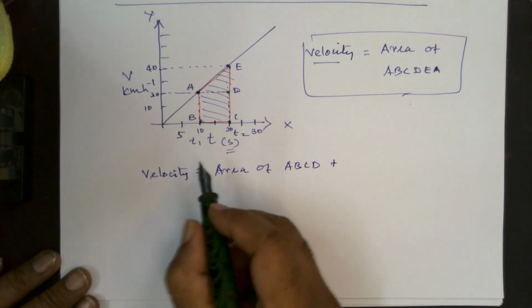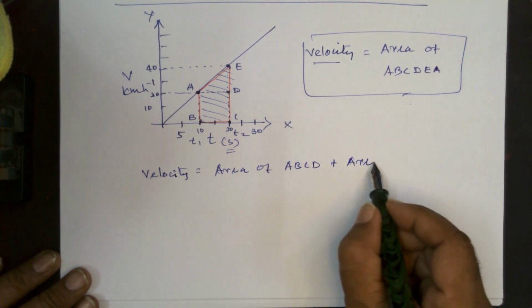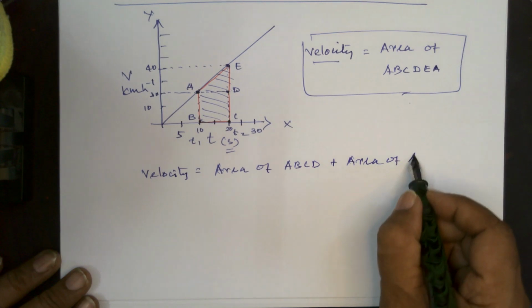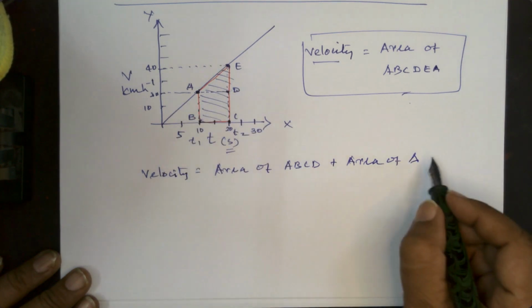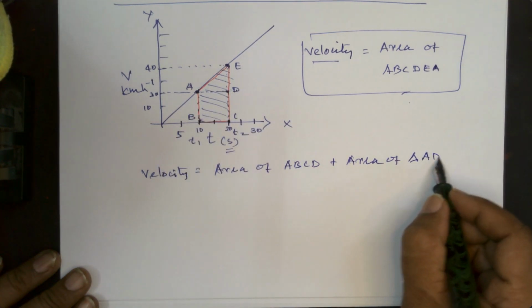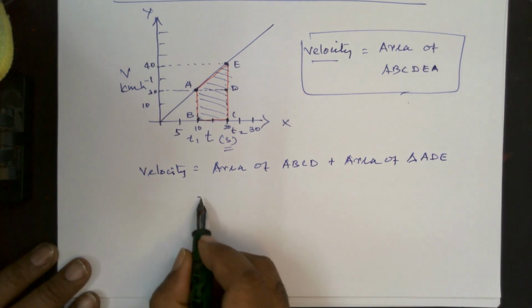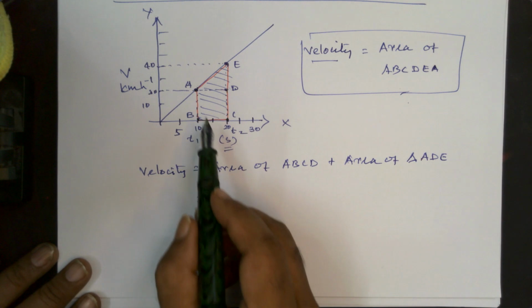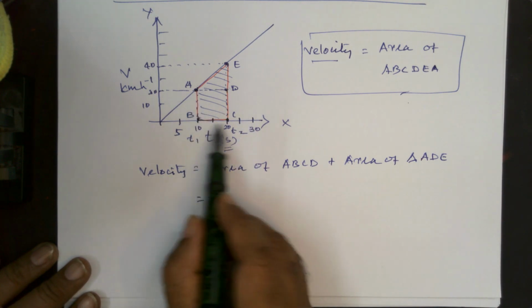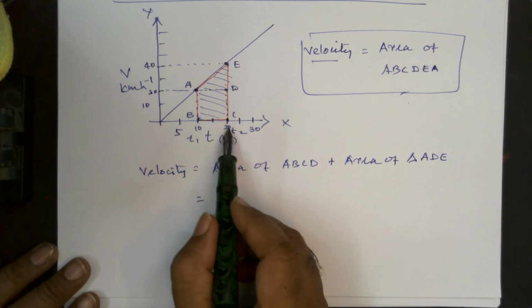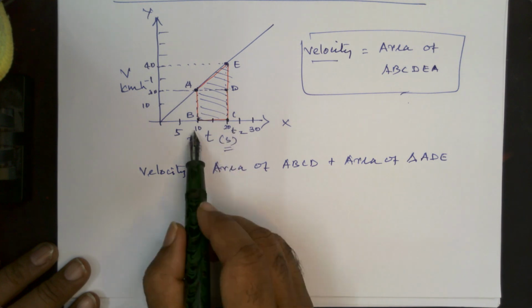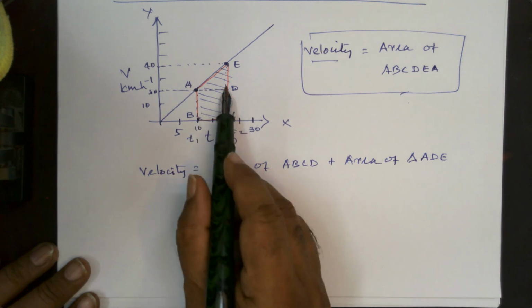Plus area of triangle ADE. Okay. Now what is the area of ABCD? ABCD is a rectangle. Okay. So what is this? Length into breadth, is it not?